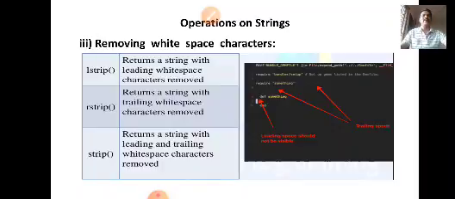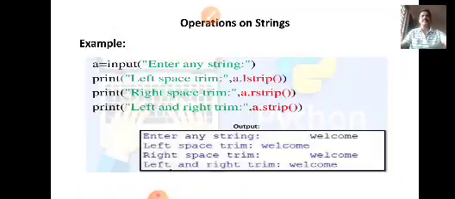So while developing software, the developers or programmers use this type of function to remove white spaces. Here you observe: enter any string, "welcome", left space trim, right space trim, then left and right space trim.